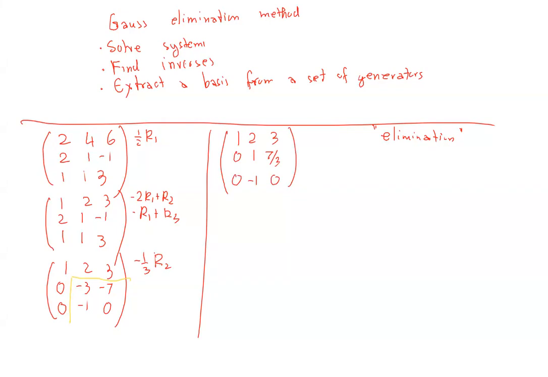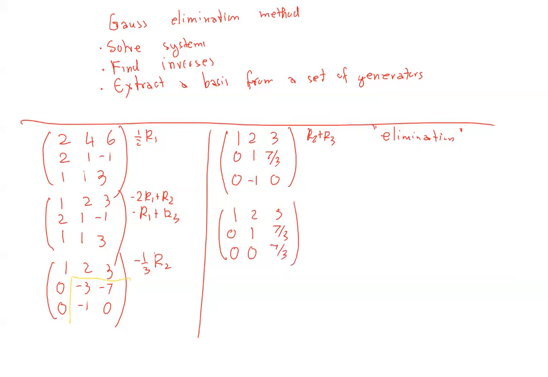How do I eliminate -1? Row 2 plus row 3, which will give me 1, 2, 3, 0, 1, 7/3, 0, 0. Sorry, this was -1, so it's not minus, it's plus. Sorry about this.